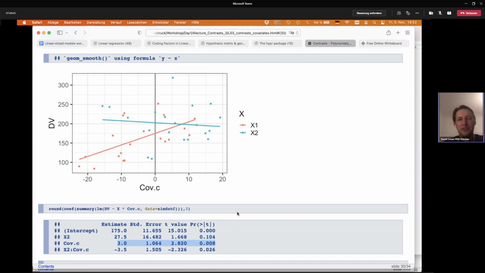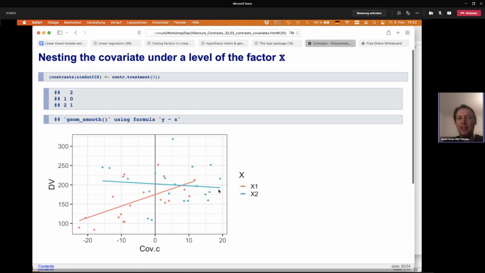If you don't have a specific hypothesis about that, then you shouldn't do it. Then you should test the average effect. So generally, the general recommendation is always use centered contrasts, for example, sum contrast or effect coding.